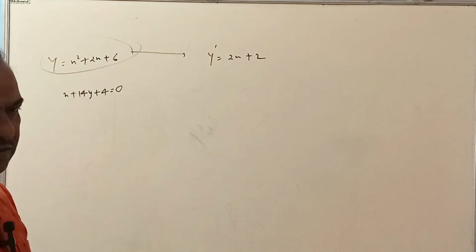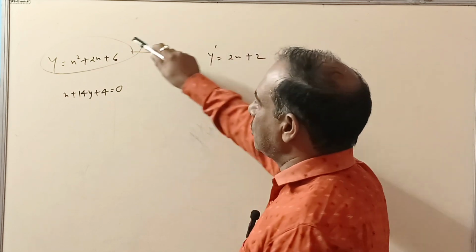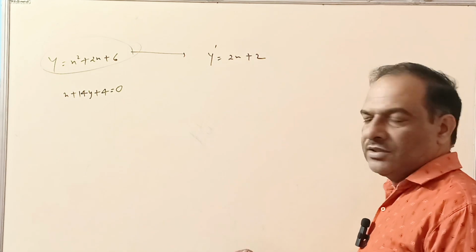What does it mean? First, this is the slope of the tangent to the curve.